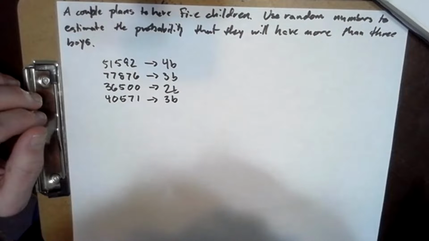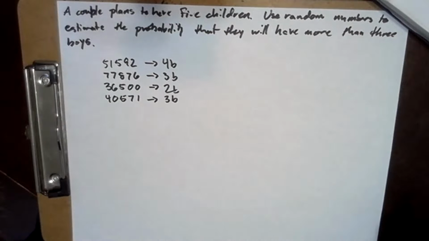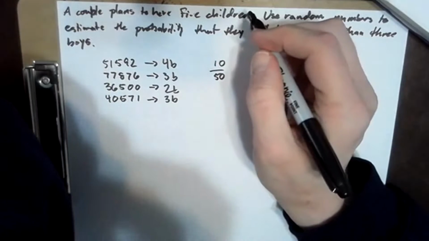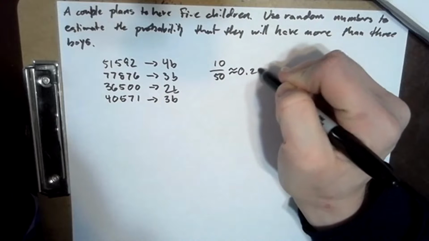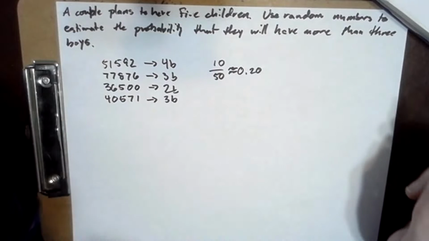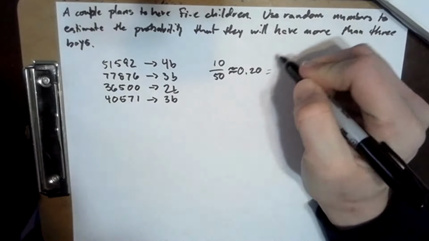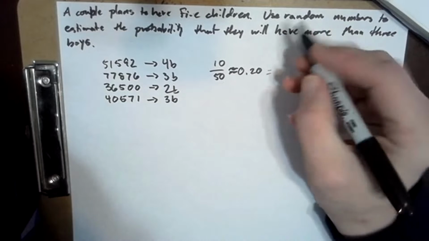And we're asking the probability that they will have more than 3 boys should be pretty low. Ultimately, in 10 of the 50 situations, or approximately 0.20, actually that's exactly 0.20, 1/5 of the situations, we find that the couple has 4 or 5 boys.